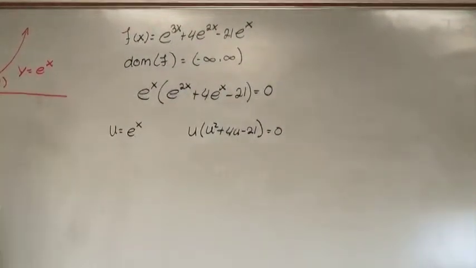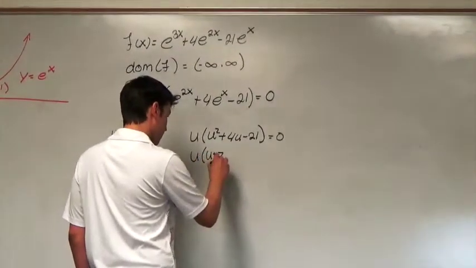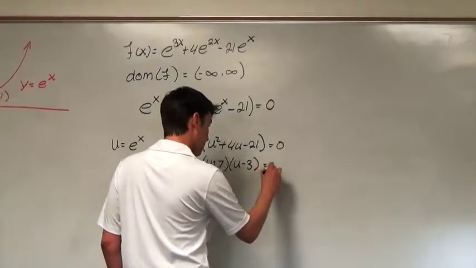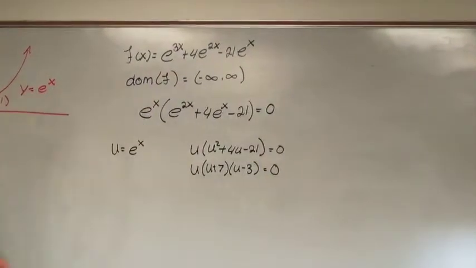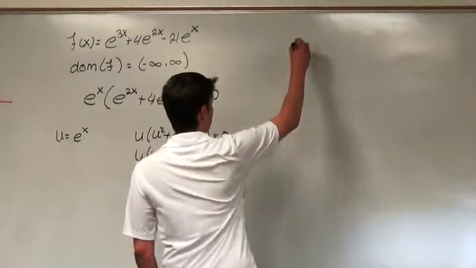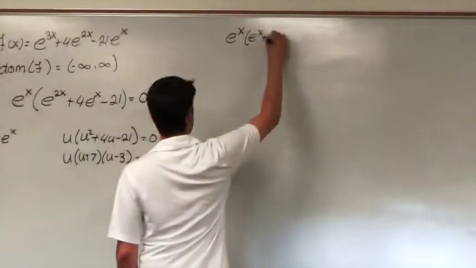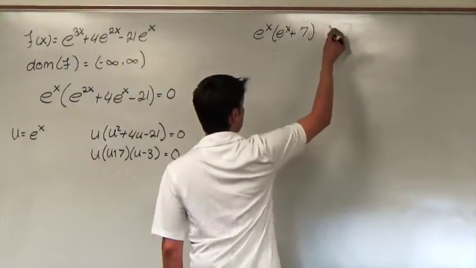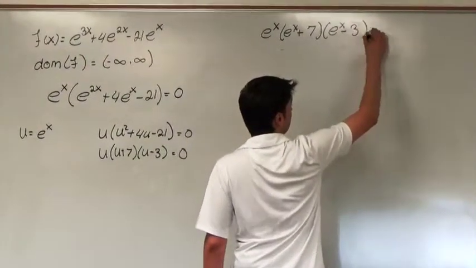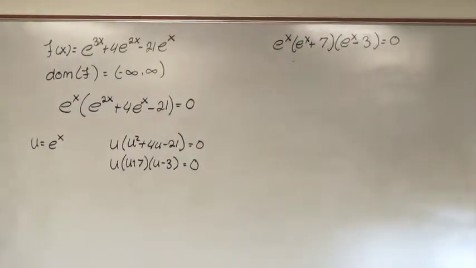We can now factor the quadratic, and then back substitute for u being e to the x. Set each factor to 0.